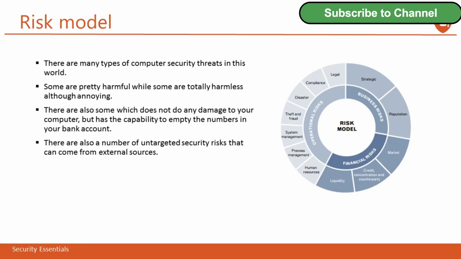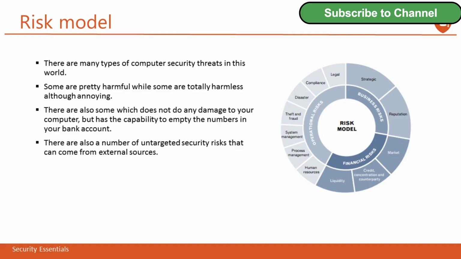As you can see here, there is financial risk, there's business risk, and then there's operational risk. In financial risk, you have liquidity or credit concentration and counterparty. Business risk, you have strategic or reputational risk. If you have operational risk, you have legal complaints, disaster, theft, and fraud, system management, process management, and human resources.